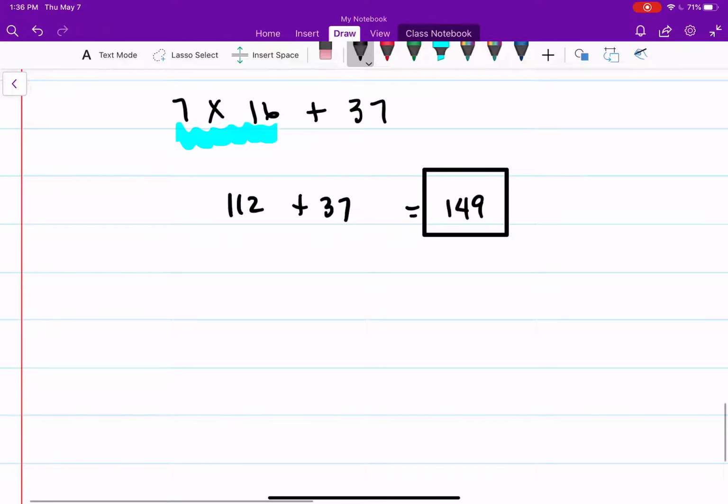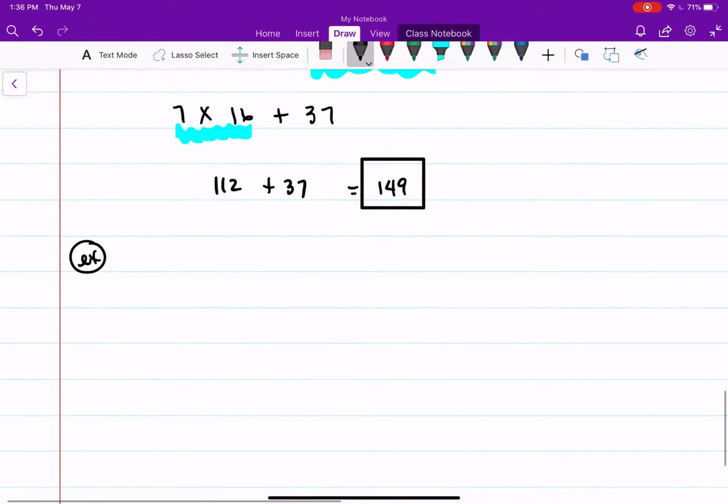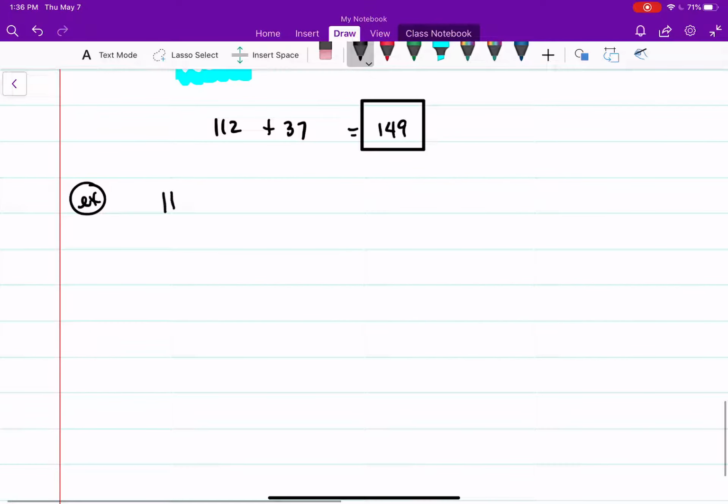So next example is 11 minus the absolute value of 7 minus 4 squared. I want you to think of absolute values as like parentheses as well.